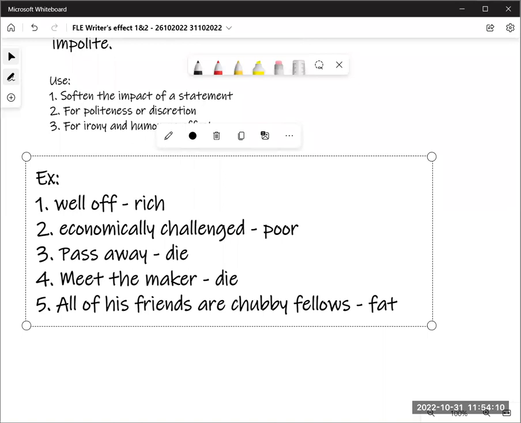Sir, I did not understand the fourth one. Fourth one, meet the maker. Meet the maker means you're going back, you're dying. Does it make sense? Understood, sir. Now let's just see one more.